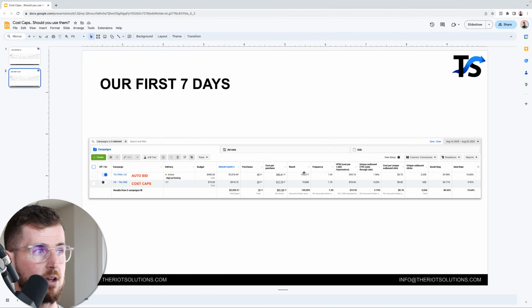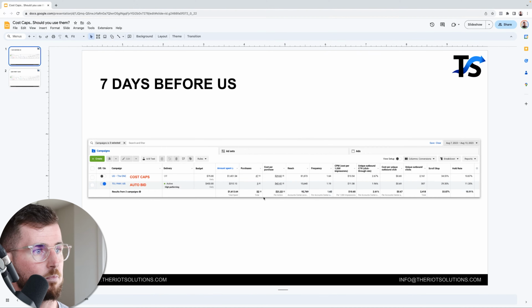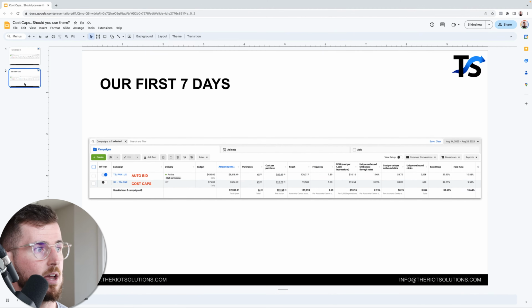They're both broad targeting, by the way, but the auto bid campaign had a lower frequency, which is also good. That means we're reaching a lot more new people into the business. Now let's keep looking at this. On the auto bid campaign with low spend, we had a 1.19 frequency. Now we moved over to the cost caps campaign with lower spend. That is a 1.7 frequency.